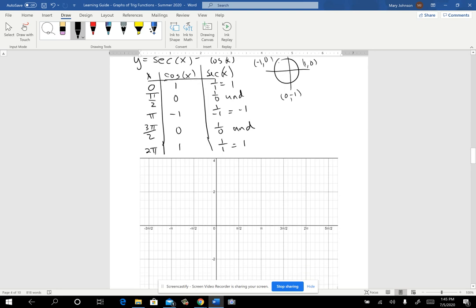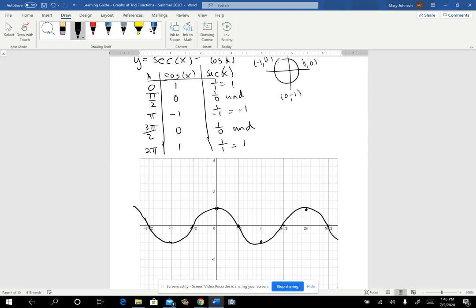So what really works well is to go ahead and get your cosine graphed, and so you kind of see what's happening with cosine. And then you can get that one graphed pretty quickly. Okay, so cosine's going to look like this. All right, I could continue.